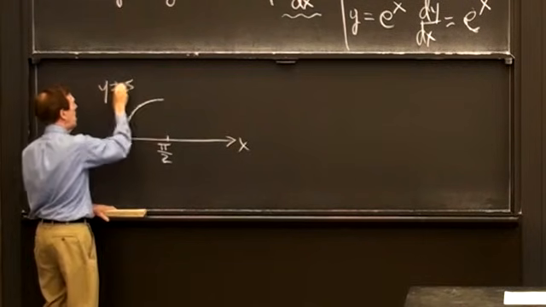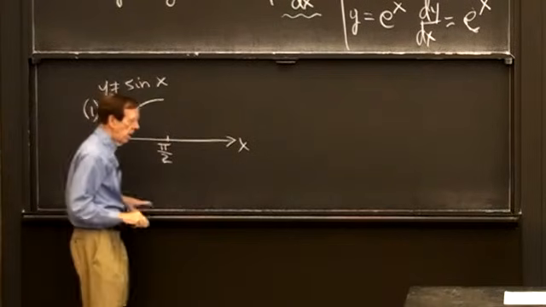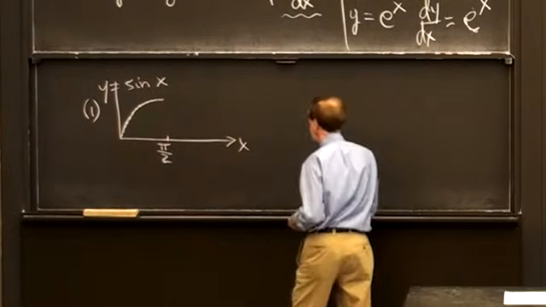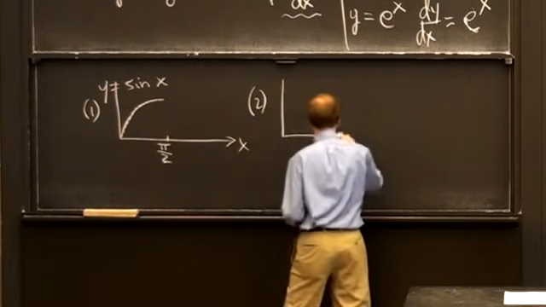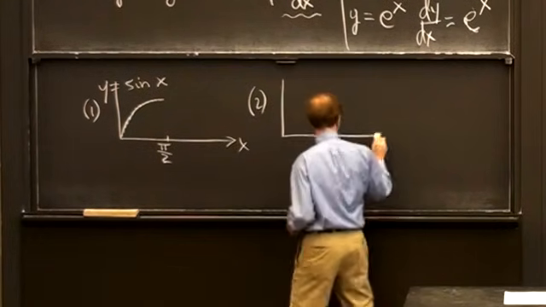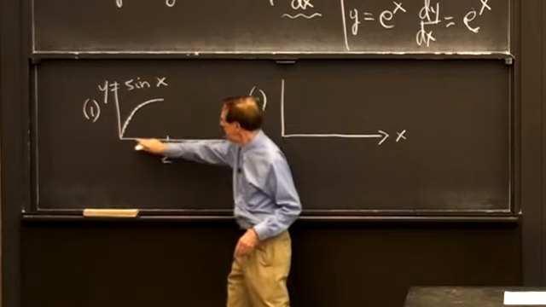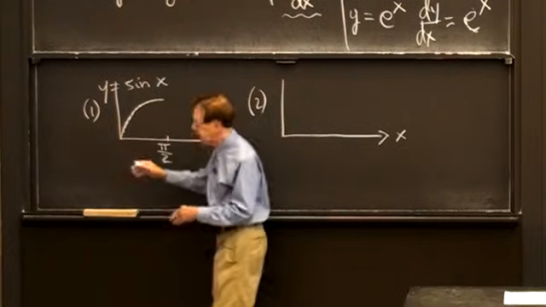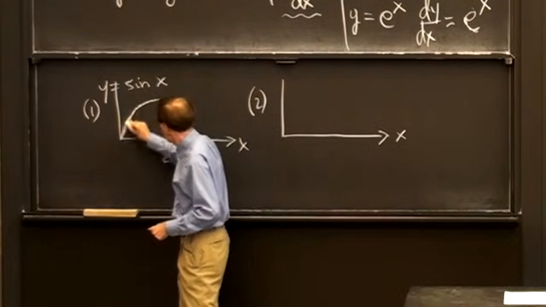This is y. This is function 1, sine x. And what's function 2? What can we see about function 2? Again, x. We see a slope. This is not the same as x squared. This starts with a definite slope.